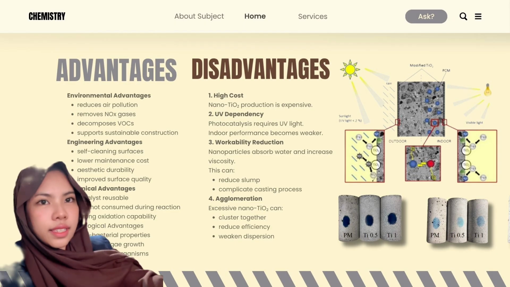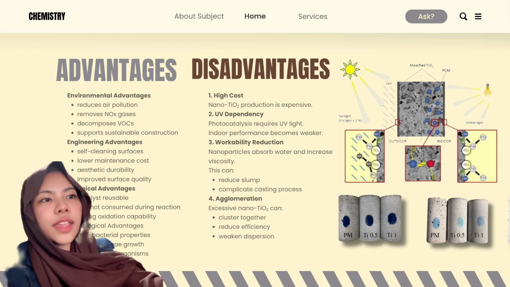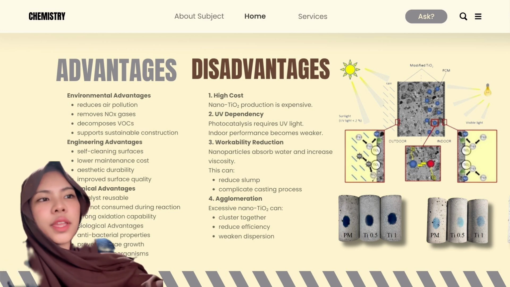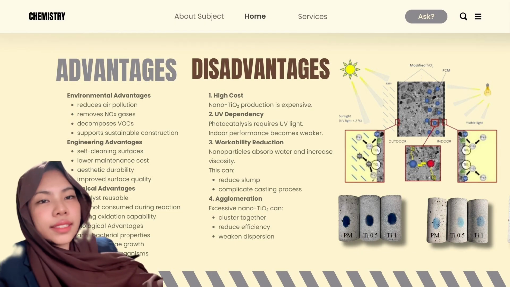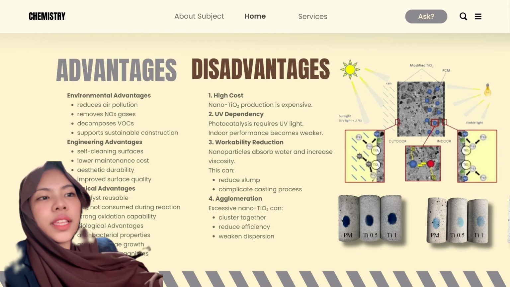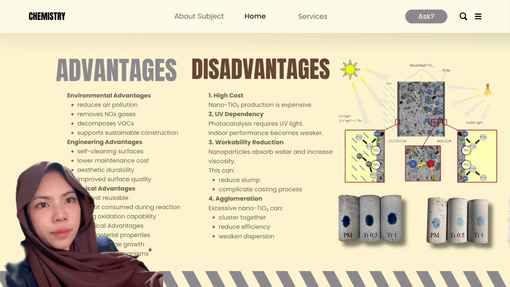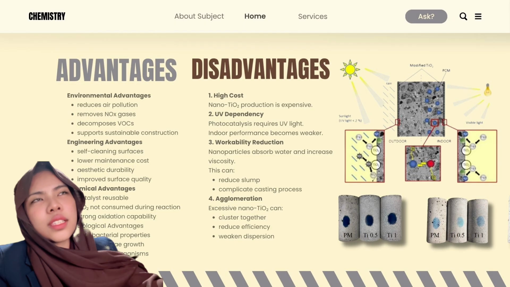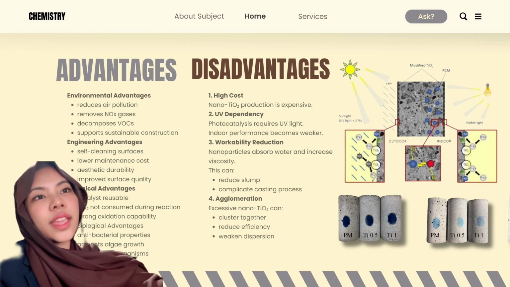The catalyst is reusable, TiO2 is not consumed during the reaction, and it has strong oxidation. Biological advantages: active antibacterial properties, prevents algae growth and inhibits microorganisms. The disadvantages are high cost, nano TiO2 production is very expensive, and UV dependency.